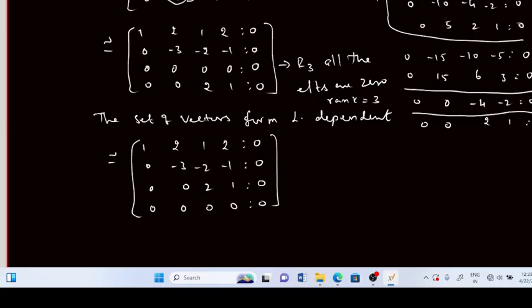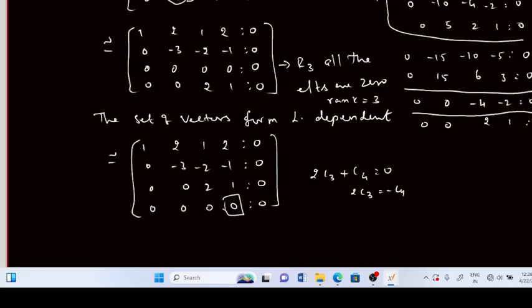Here all the elements must be 0, but the last row is 0, so we cannot say that c1, c2, c3, c4 are all 0. Why? Because the third row gives 2 times c3 plus c4 equal to 0, so 2 times c3 equals minus c4. We cannot assign 0 to c4.